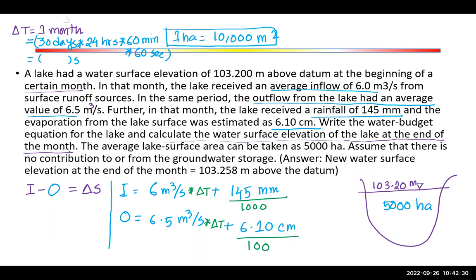Still it's just the depth. How can I convert that into volume? Do I have any area or anything? Okay. So I have the area, which is 5000 multiplied with 10,000 meters square. So I will just name that as A.